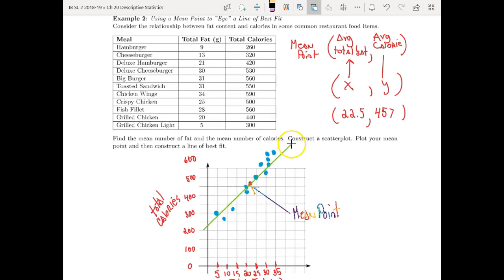So maybe something like that, where you're trying to have as many points above as you do below. So that's roughly close. The problem with doing this is we all could have different lines of regression.